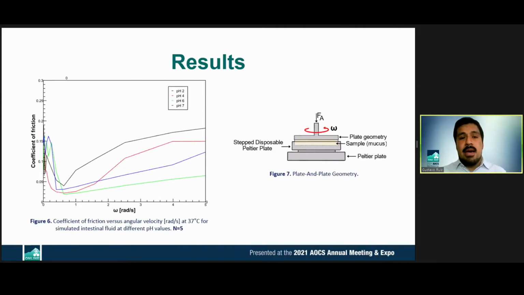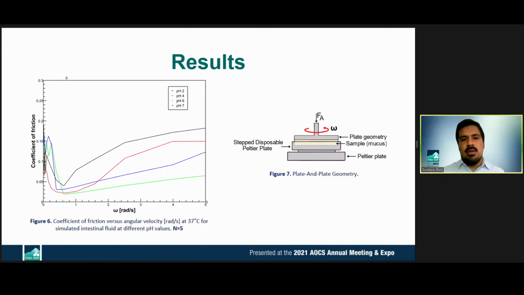Finally, I performed a tribological analysis through a Stribeck curve in order to know how the coefficient of friction interacts with the mucus. As expected, pH 2, the acidic condition, exhibits a higher coefficient of friction because it acts more like a gel.